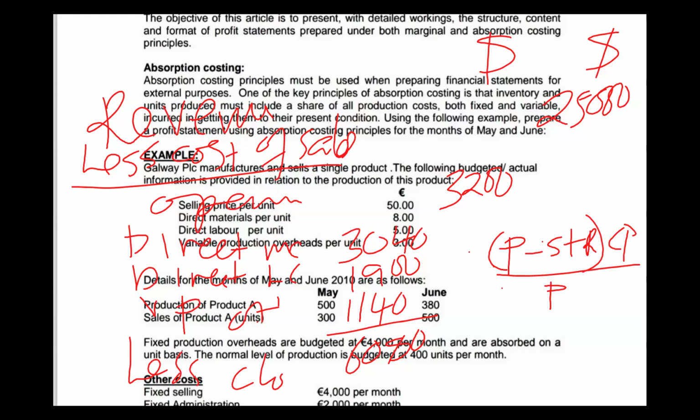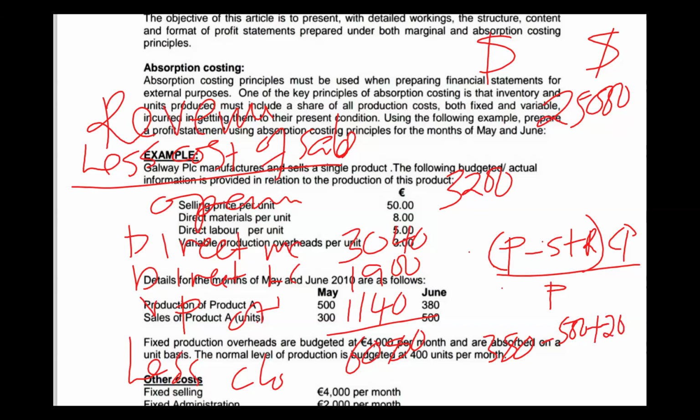The units produced was 380 minus what was sold. The question is, how come we produced 380 and we managed to sell 500? It means that we had something from the previous period. That was the only way. So we add what we remained with in terms of the units from the previous period.